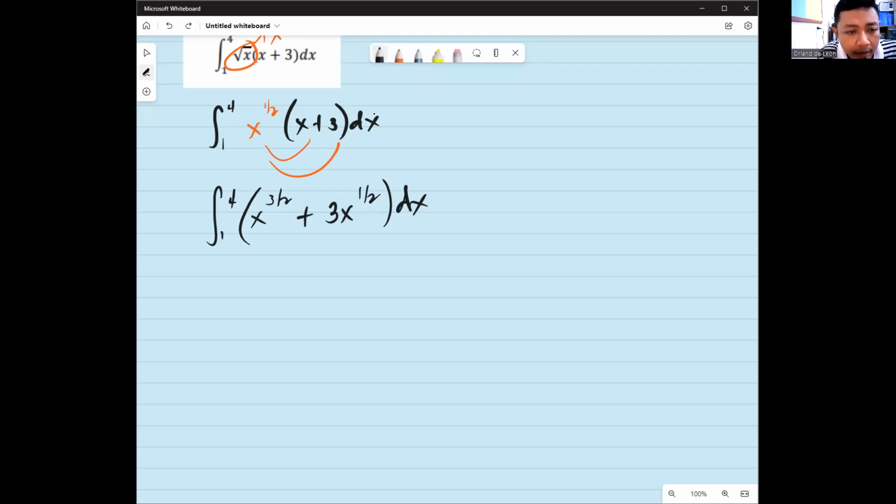So this will be equal to the integral of x raised to 3/2 dx plus 3 times the integral of x raised to 1/2 dx. Sum and difference, we've already covered that.